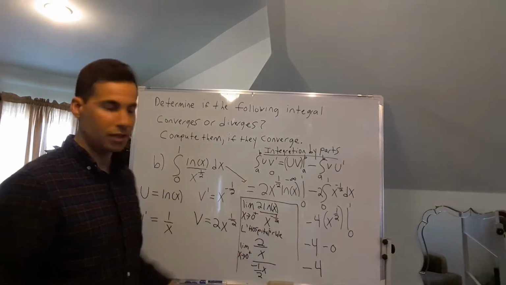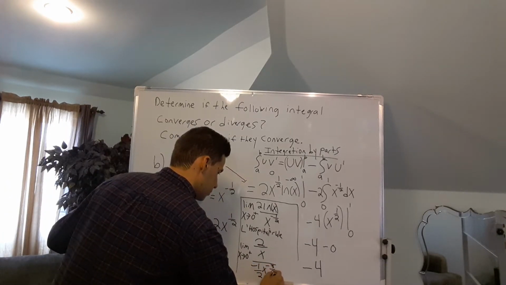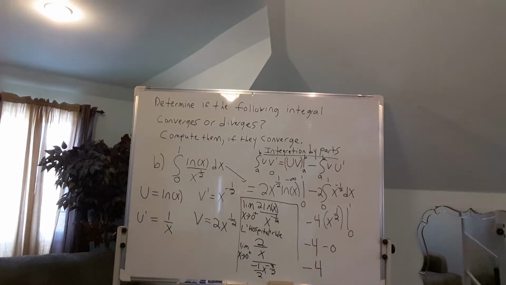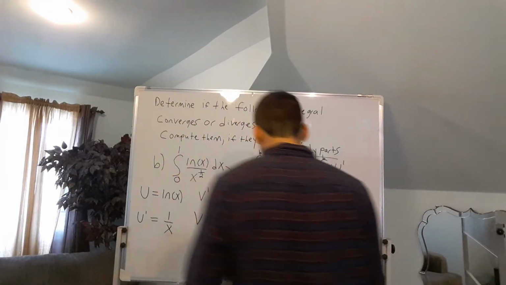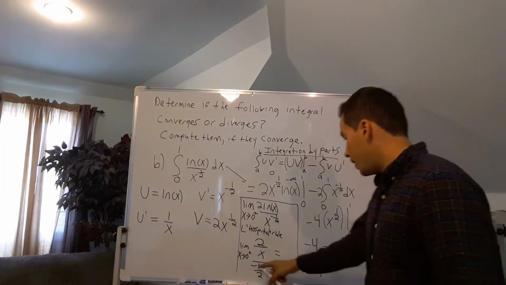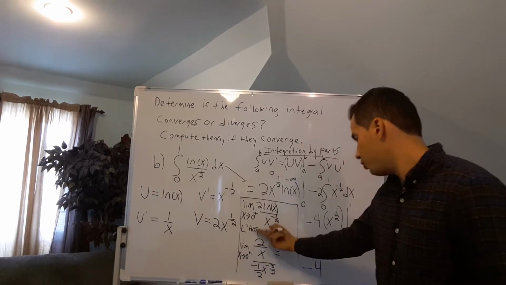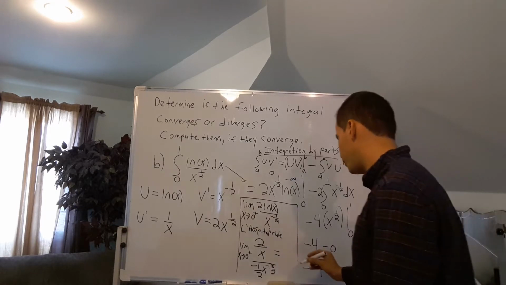So that'll give us negative 3 halves. Now let's simplify what we have here. We have a negative half on the bottom, so when we flip that over and multiply it by the 2, that will give us negative 4.